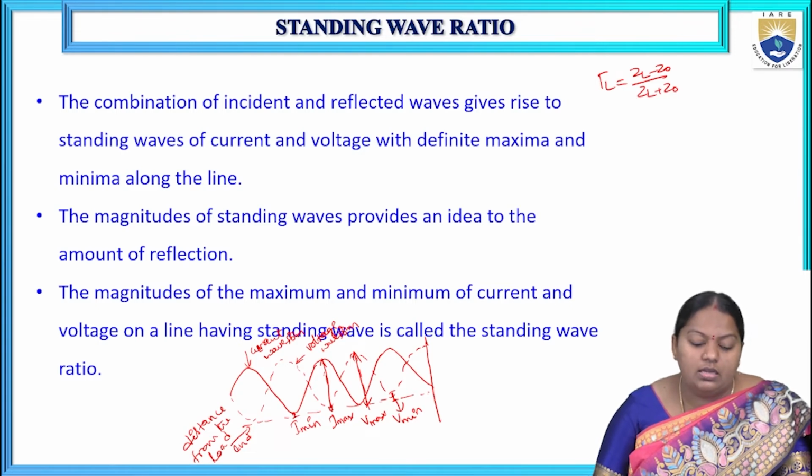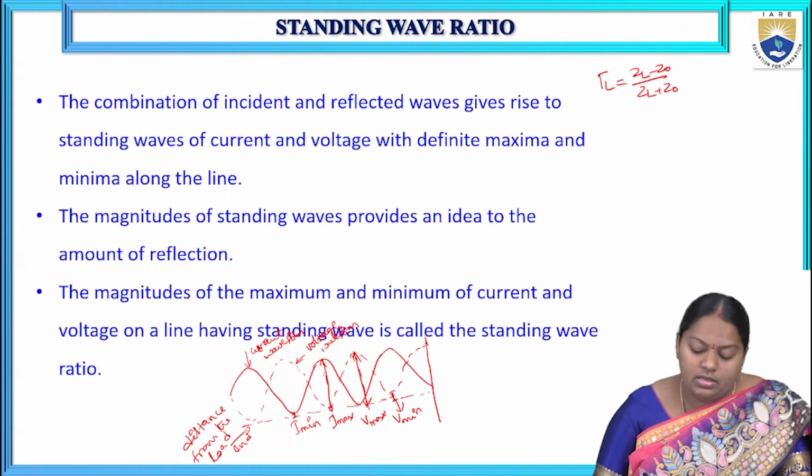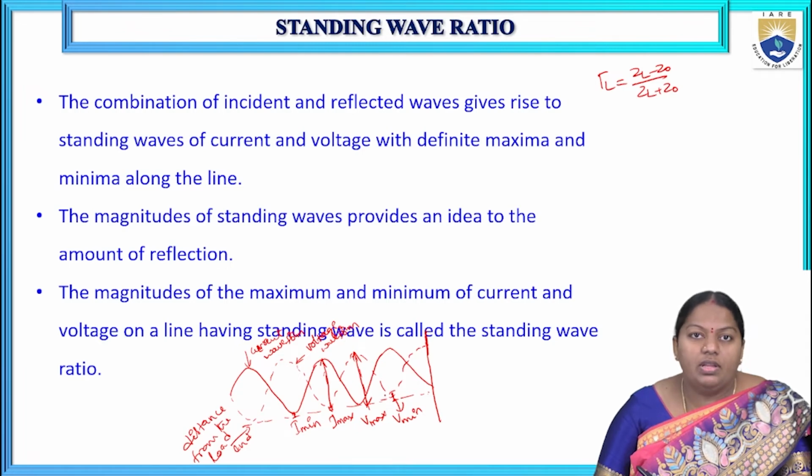The combination of incident and reflected waves gives rise to standing waves of current and voltage with definite maxima and minima along the line. Considering the load end, from these two waves, incident and reflected, the I max, I minimum, V max, and V minimum positions are estimated depending upon the wavelength.